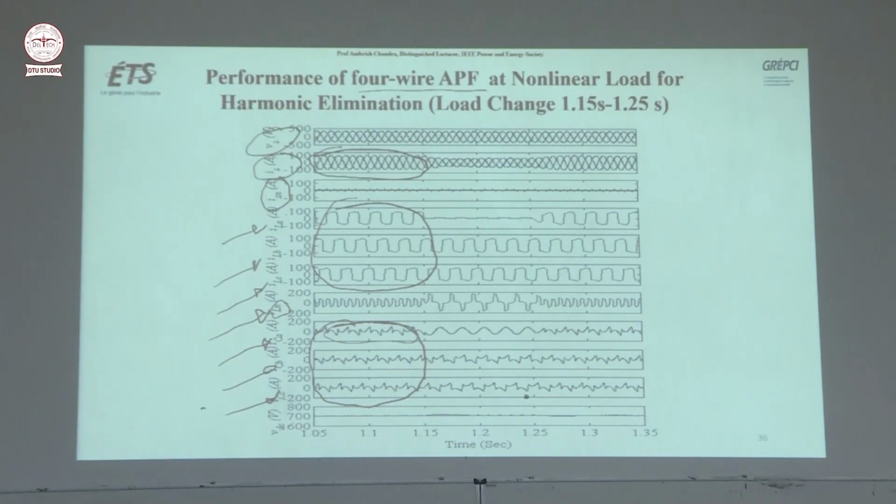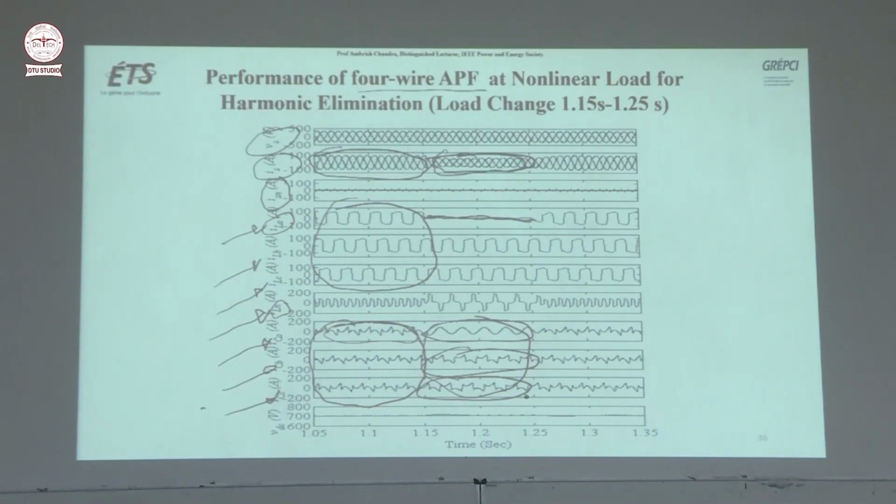But now the phase A load is disconnected. You see the compensator currents for phases A, B and C still function in such a way that the source current, although reduced because load A is removed, is still sinusoidal.